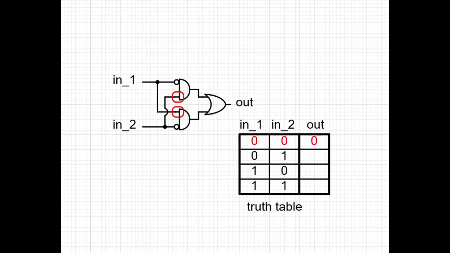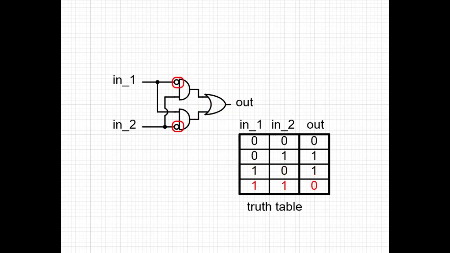When both inputs are low, the 2 AND gates block them. When in_1 is low and in_2 is high, the upper AND gate is active. Similarly, when in1 is high and in2 is low, the lower AND gate is active.